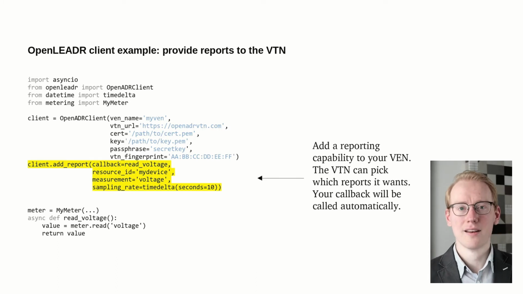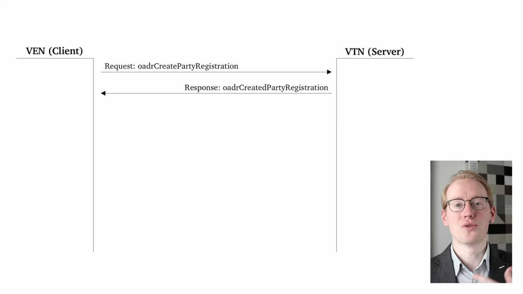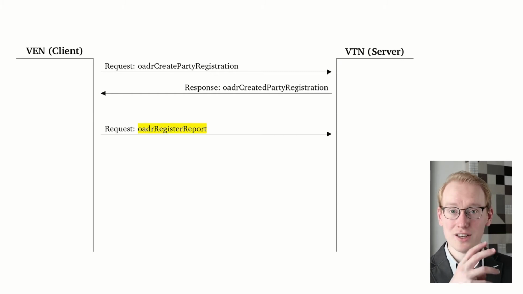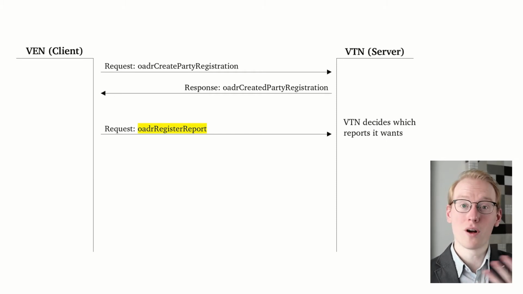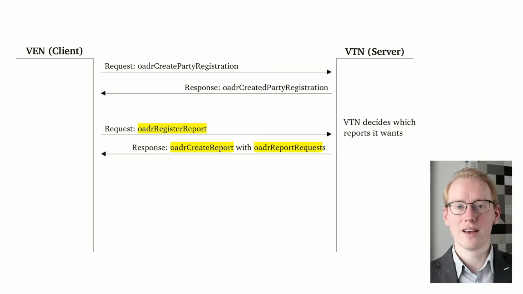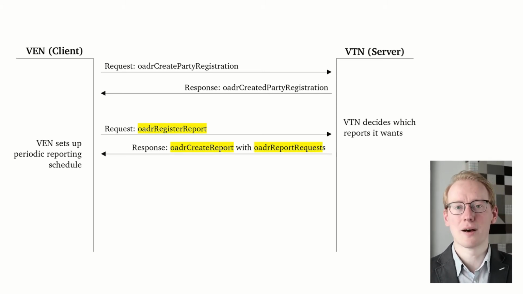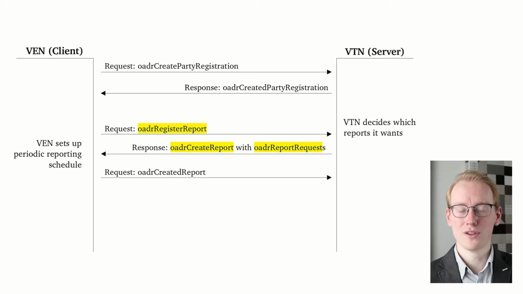And that's it. What happens now after registration is it sends a create report to the VTN that contains your newly created report. The VTN decides if it wants the report or not, and it lets you know. And if they want it, the OpenLEADER VEN will automatically set up the scheduler that will call your function to retrieve the values and send off the reports to the VTN.